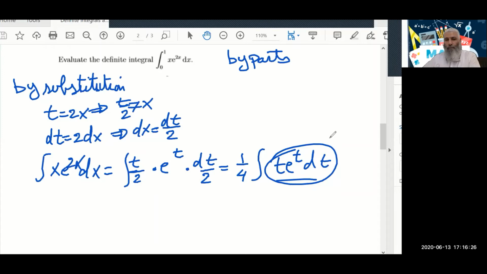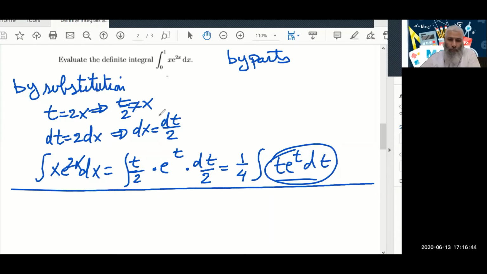I think if I would solve this problem by myself, I would use again t equal to x multiply e power 2x multiply 2dx.